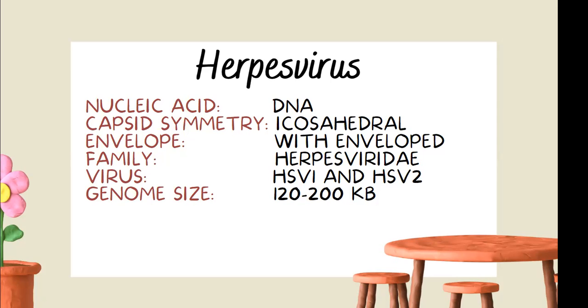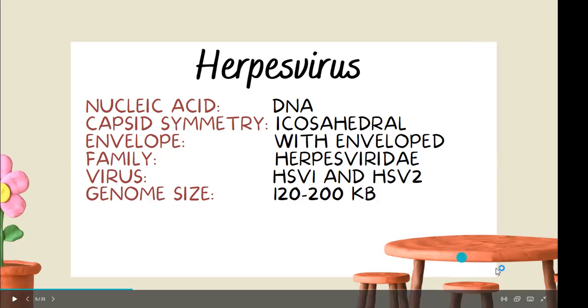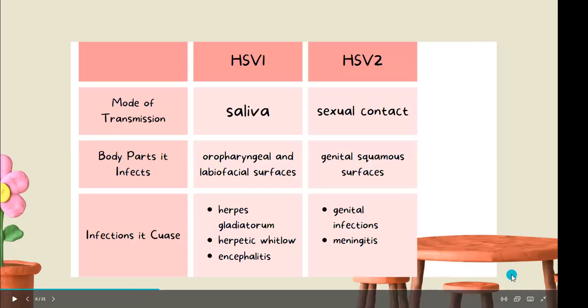Capsid symmetry is icosahedral, with an envelope. They belong to the Herpesviridae family. This type of virus has two serotypes, herpes virus serotype 1 and herpes virus serotype 2, and their genome size is about 120 to 200 kilobytes.